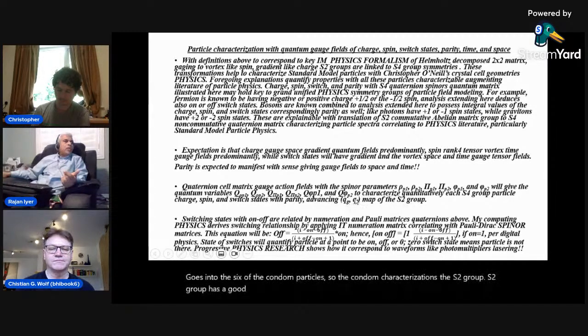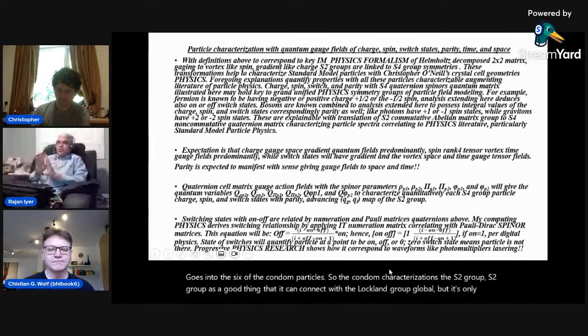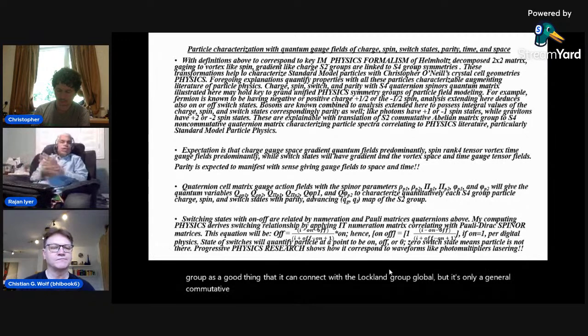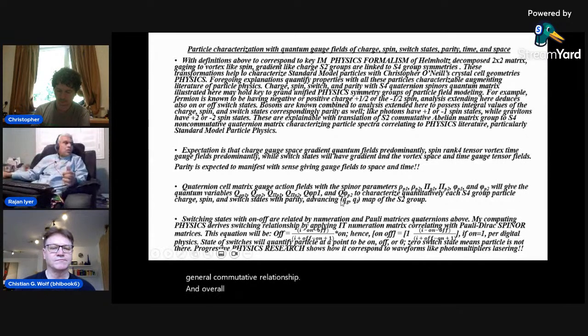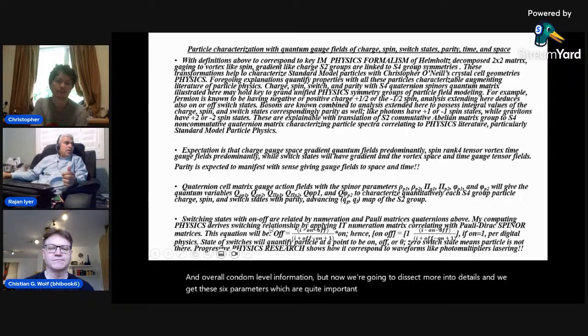The S2 group has a good thing that it can connect with the local and global, but it's only a general commutative relationship, the overall quantum level information. But now we dissect more into details, and we get these 6 parameters, which are quite important because that's how a particle is characterized.